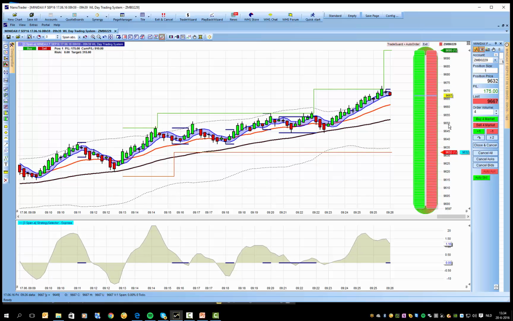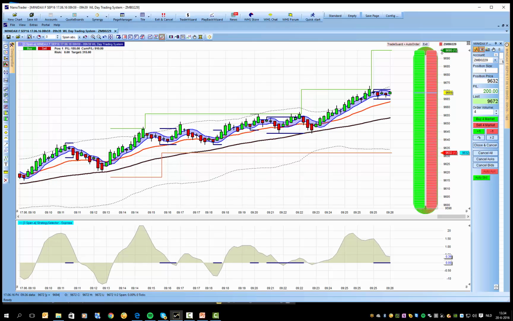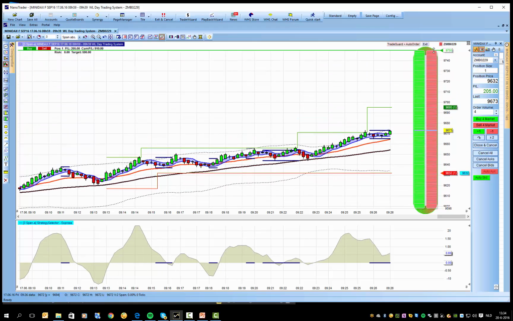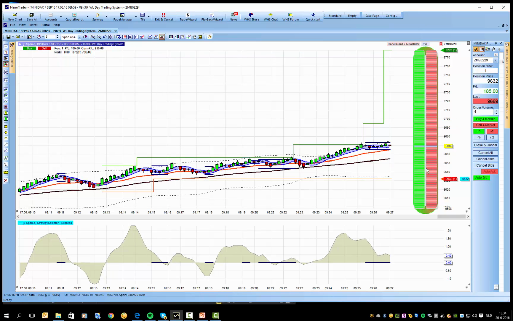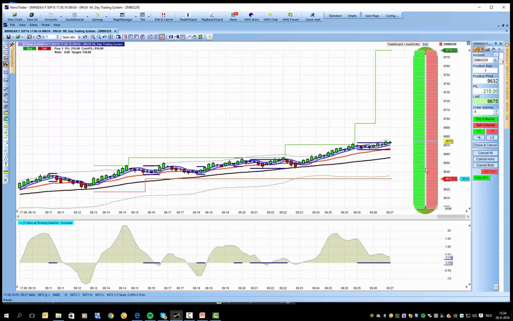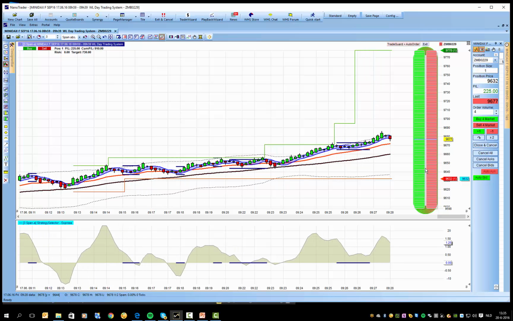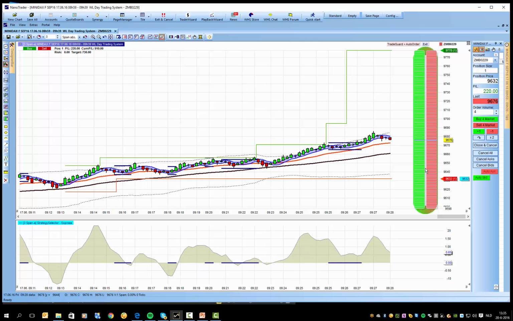Here you see that the third target was hit, and now I will do something which will seem strange to many people. I will take the last target and move it away, so I can still let this run and manage the trade as a real pro, which means cut your losses short and let your profits run.